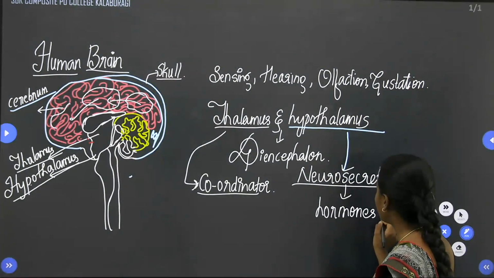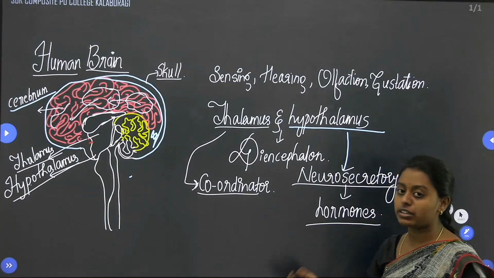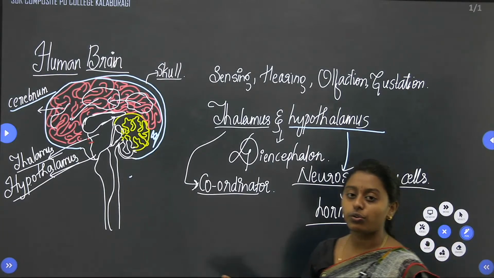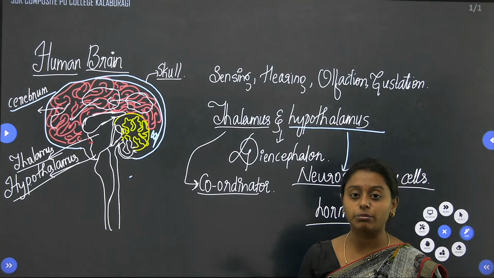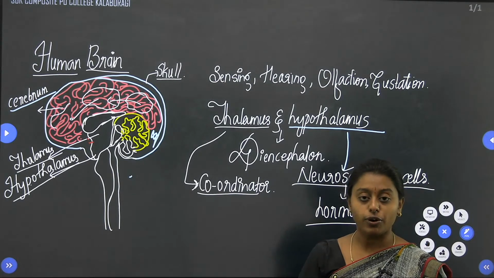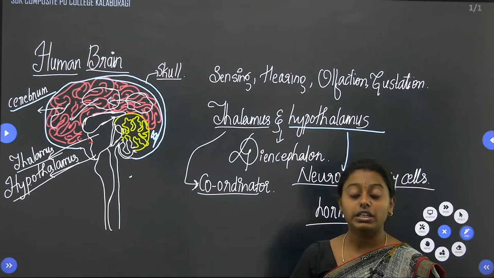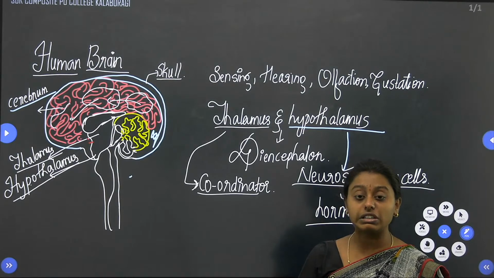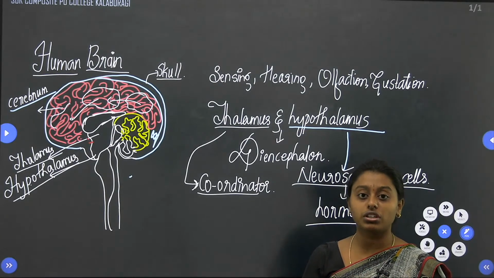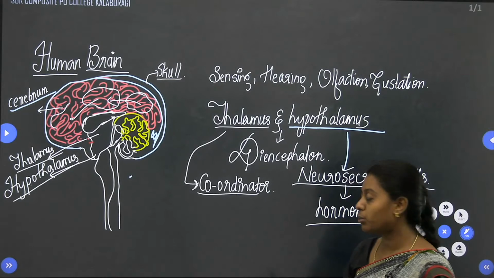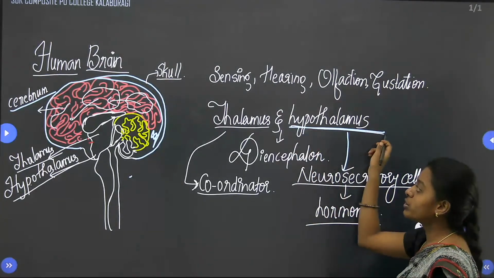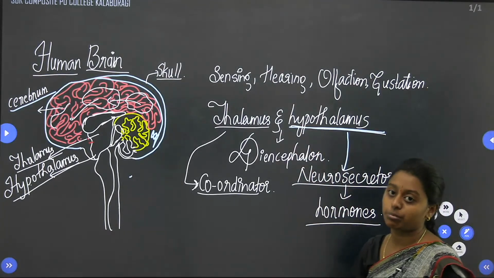These hormones are responsible for a wide range of functions and reactions observed within the body, such as maintenance of body temperature, and the urge to eat and the urge to drink, all controlled by hormones secreted by the hypothalamus.